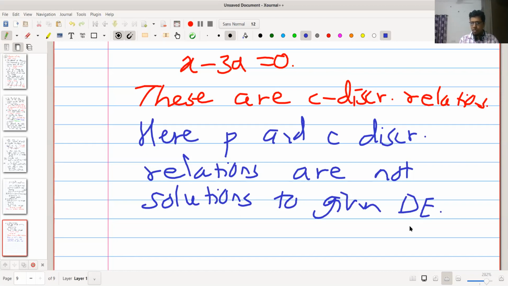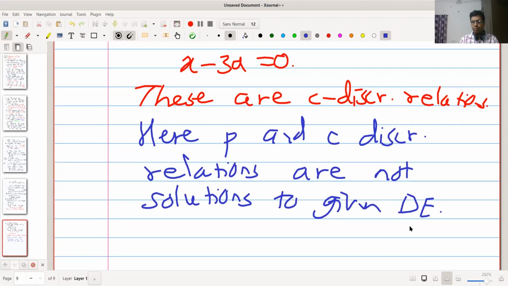Now it is interesting to see that the p discriminant relation, that is x equal to a, is a tac locus. It will form a tac locus, and the c discriminant relation x equal to 3a forms a nodal locus.